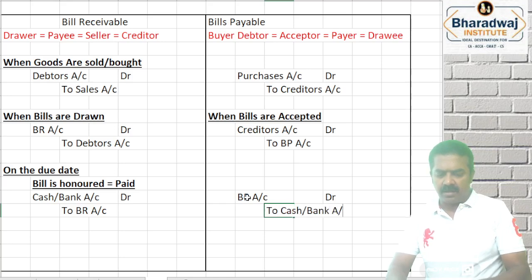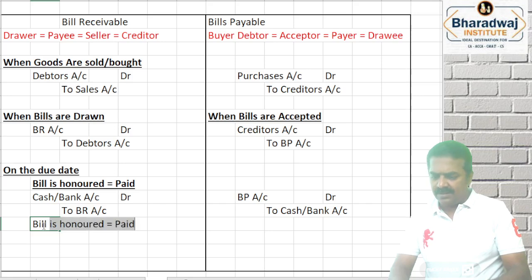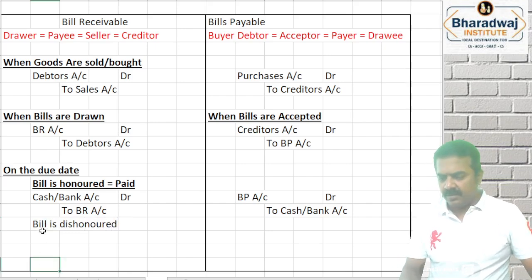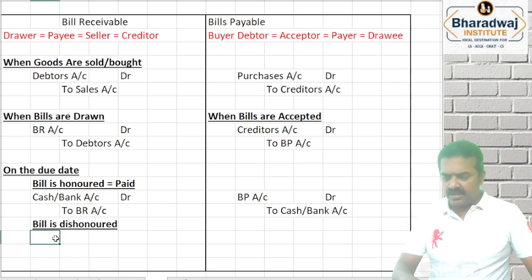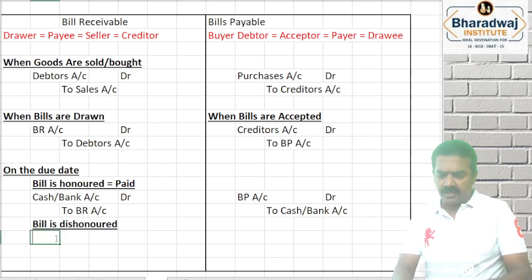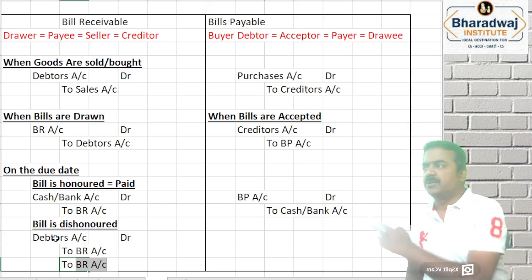If the bill is dishonored, bill is not paid. What is the entry you will pass? We'll cancel the bill, right? So debtors account, debtor to bills receivable account. When the bills are dishonored, we have to produce to the notary public.